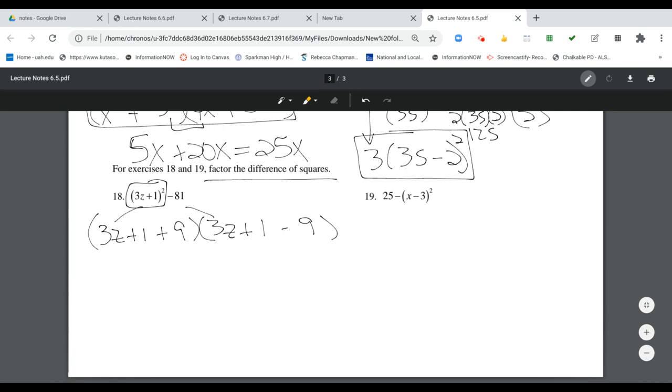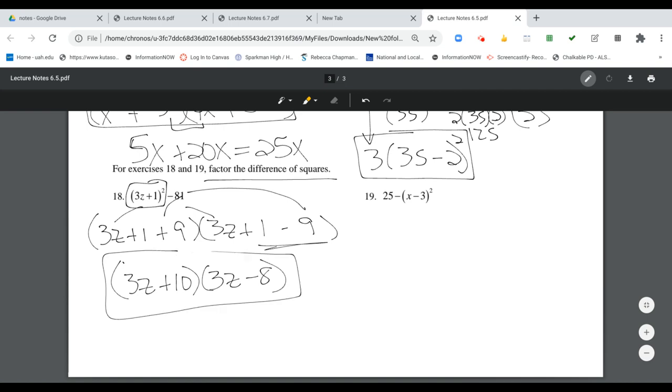So the 3z got split and the 81 got split. When I add together, I get 3z plus 10. And when I add my negative 9 and my 1, I get 3z minus 8. And those would be the factors for number 18.